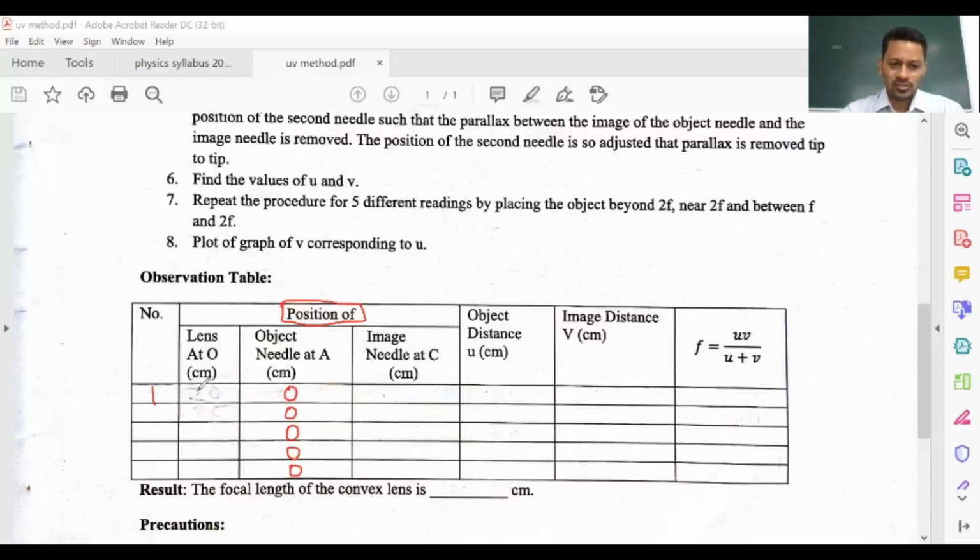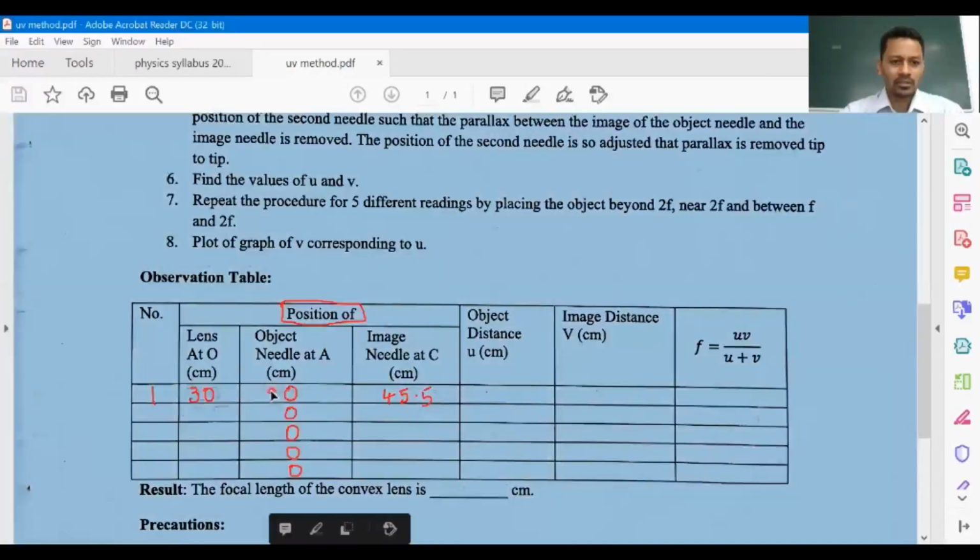Whereas for the first reading, we kept the lens at 20, whatever the reading we got. Same thing you can do for 30 if they have asked. Then if the lens is at 30 centimeter, by doing that particular experiment, we got the image needle at 45.5. So I get this value as 45.5 centimeter.